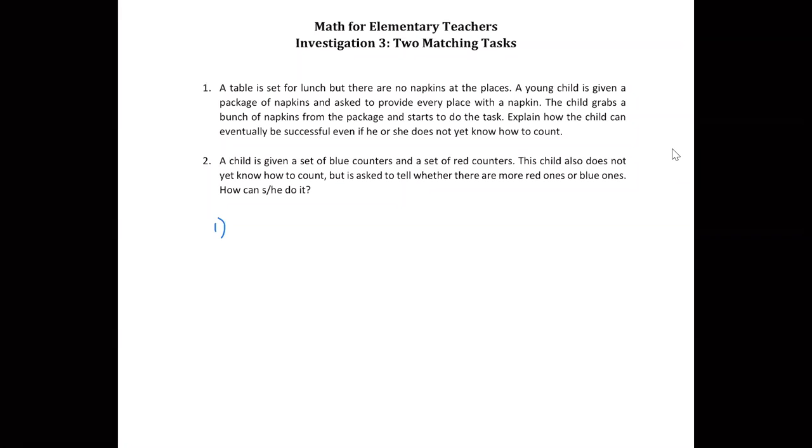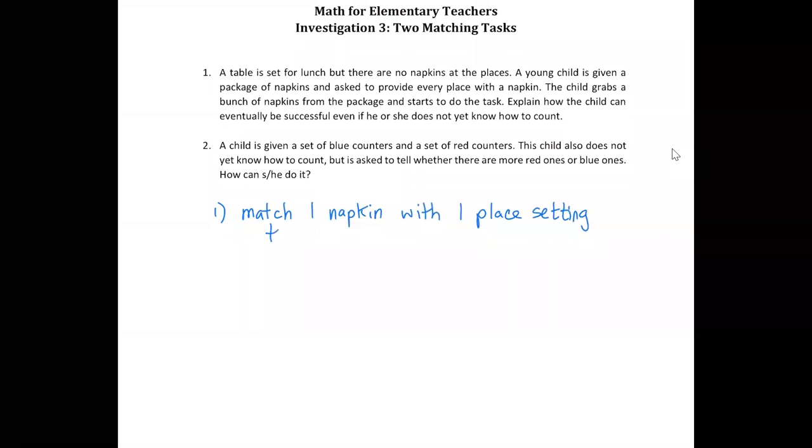So if you're assuming that the child has no experience with really anything along these lines, the child, as long as they know that they need to match one napkin with one place setting, then move on to the second place setting.